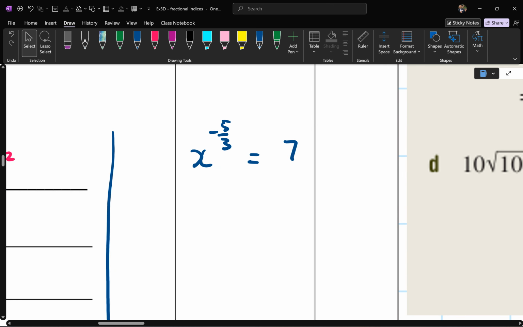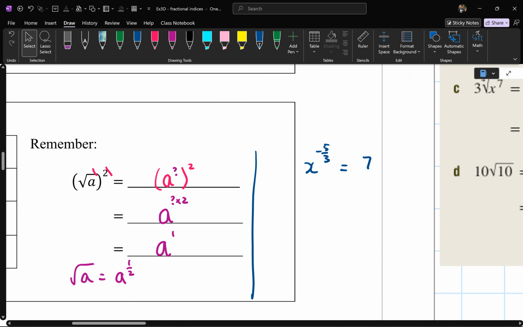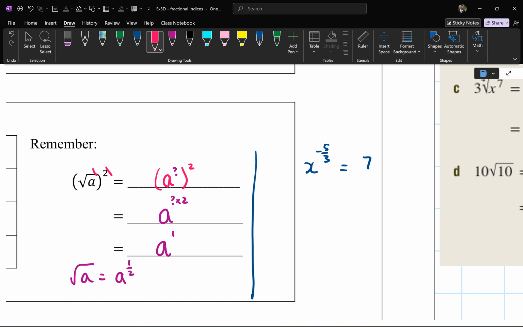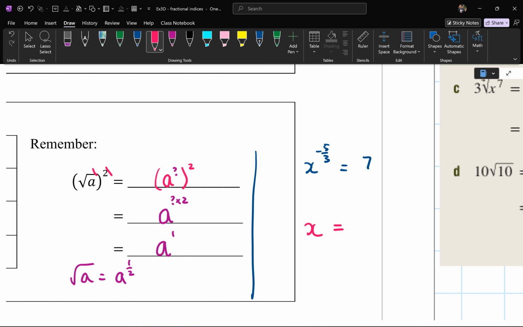If we were to solve that, using what you just realized here, something squared, to get rid of that to make it 1, because our goal is to find x. So our goal is to get x to the power of 1 equal to something. What can I do to the left-hand side to make it equal to 1?